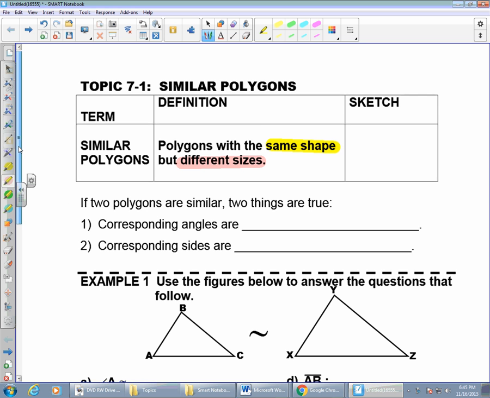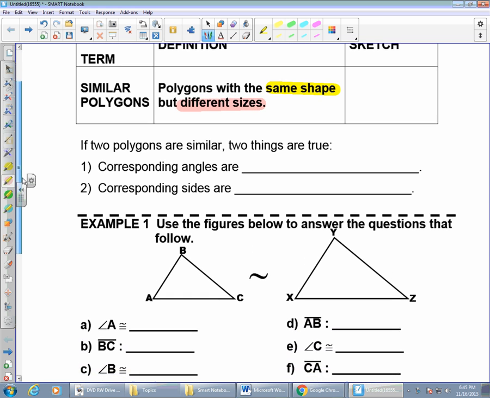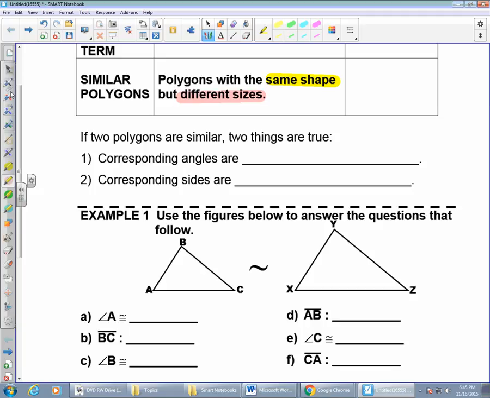Now, if two polygons are similar, there are two things that are true that help us to determine this. Number one, the corresponding angles are congruent. And number two, the corresponding sides are proportional.